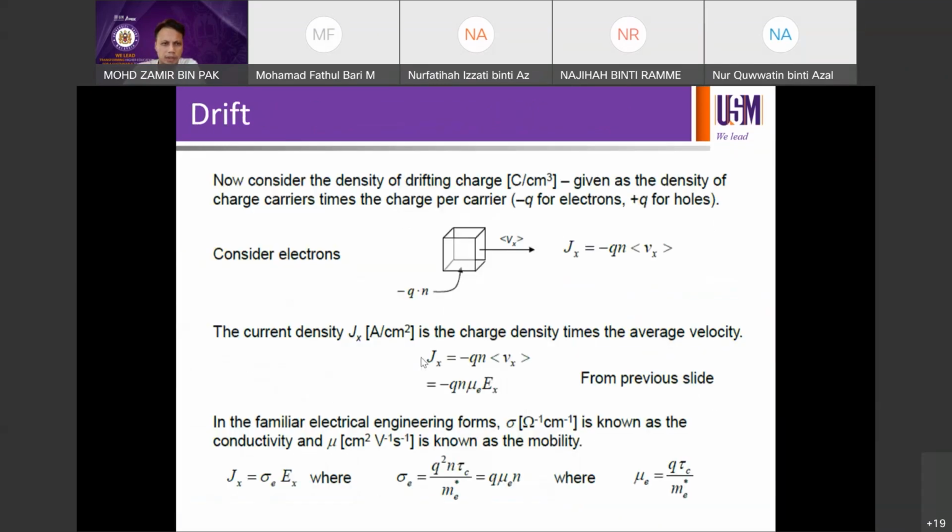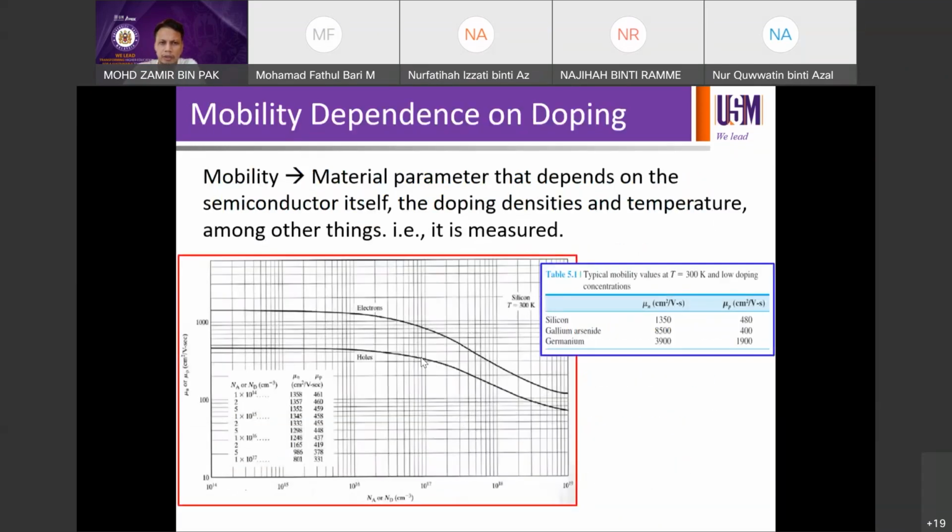We have also discussed briefly the mobility dependence on doping, where we discussed the change in the mobility of our carriers at low doping level and at high doping level. For example, we discussed yesterday the value of the mobility of, say, electron or hole, at 10 to the 16 versus 10 to the 18.